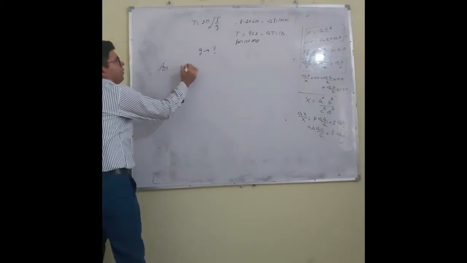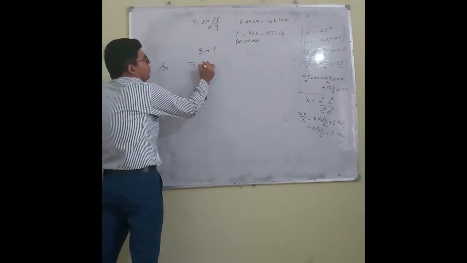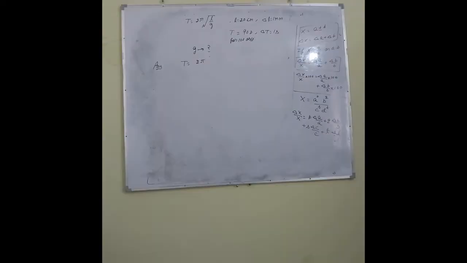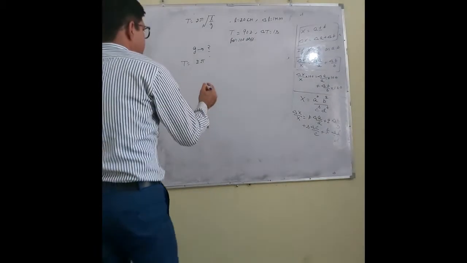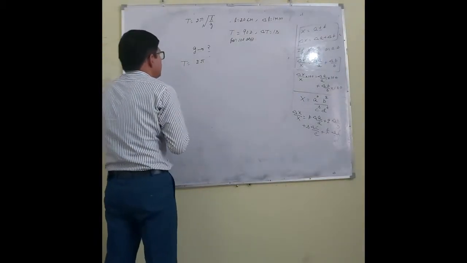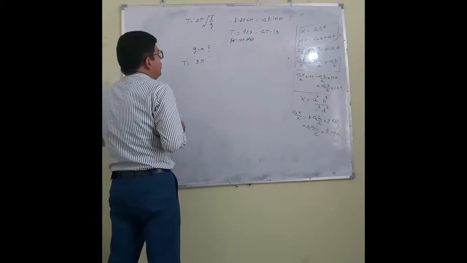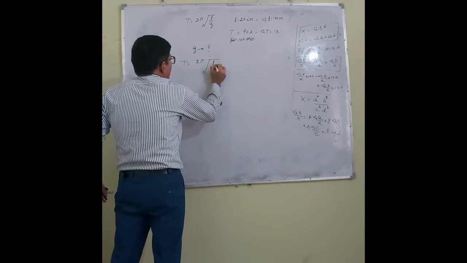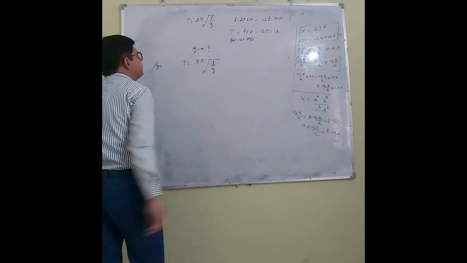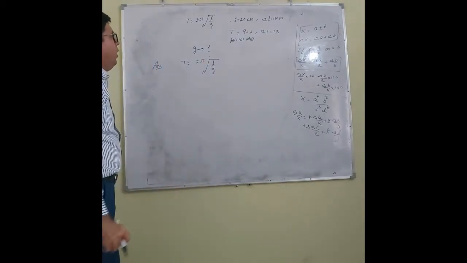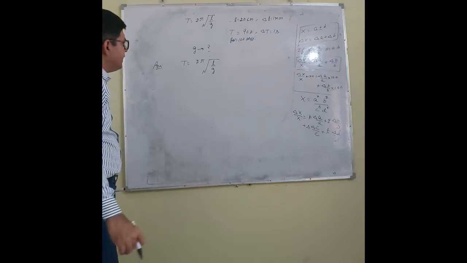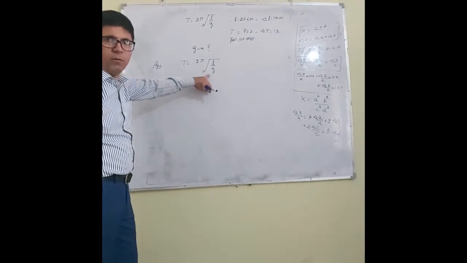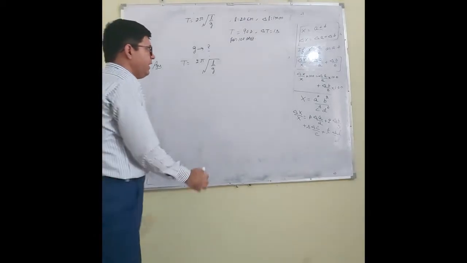Let's check it out. T equals 2 pi under root L over g. I have to calculate the percentage error in g, so for that I have to find g.